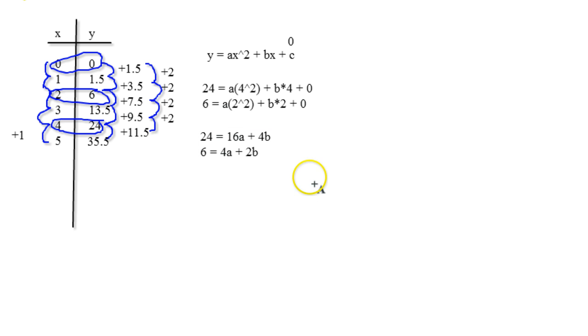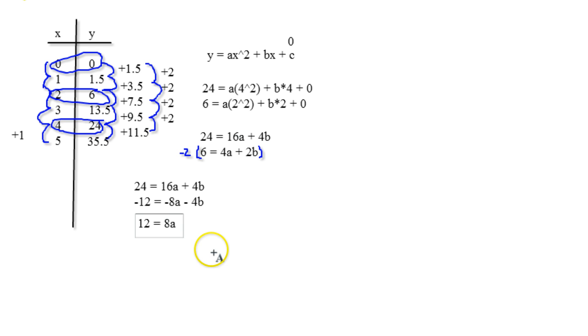Okay, now if you notice real fast, if I multiply the bottom part by -2, I'm going to get an equation where if I add it with the top part, I'm able to cancel out stuff. So let's go ahead and speed up to the next step. Okay, so I distributed through the -2, and when I add everything together, this is going to be 12 equals 8a, so that's really cool because I'm going to get 2 is equal to a.